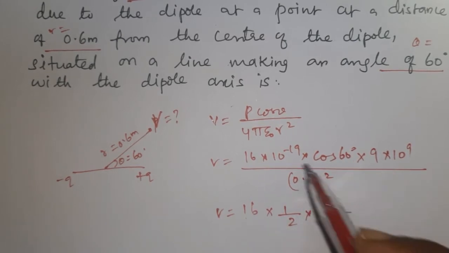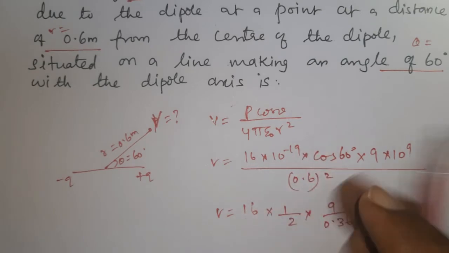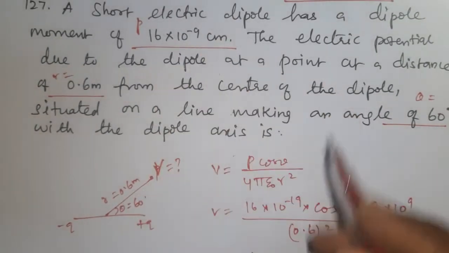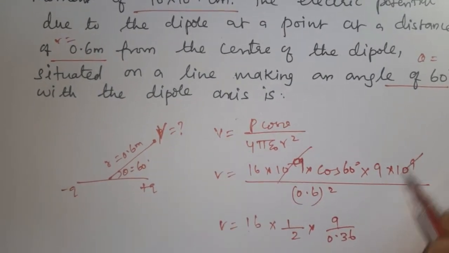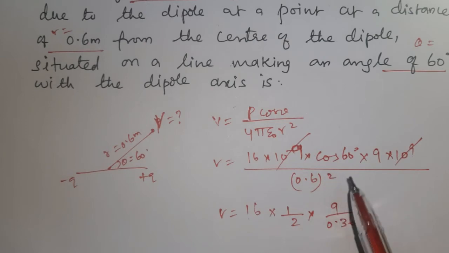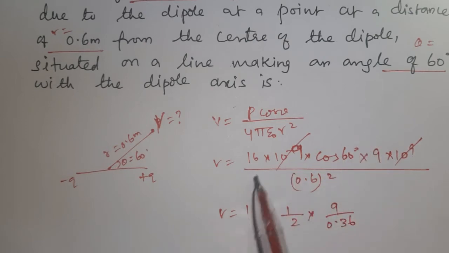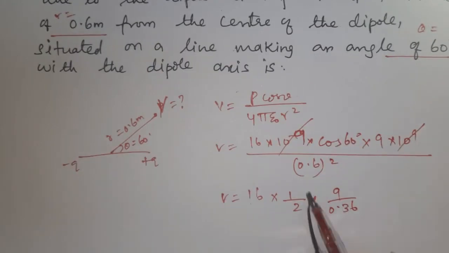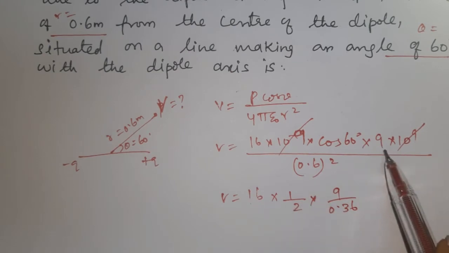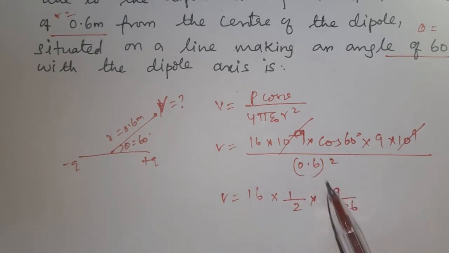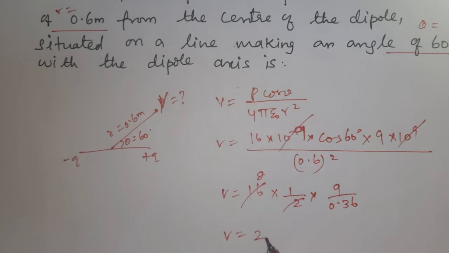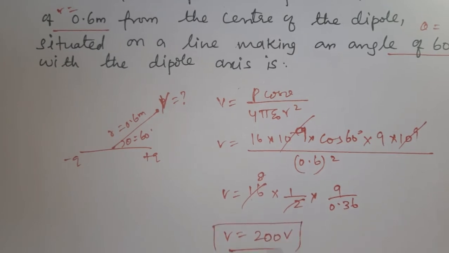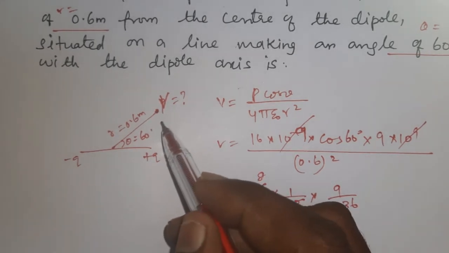This 10 power minus 9 and this 10 power plus 9 are going to be cancelled. So for that, remaining we write the steps: 6 into 1 by 2, 9, 0.6 whole square is 0.36. Then V is equal to, we simply get V is equal to 200 volt. So at this point the potential is 200 volt.